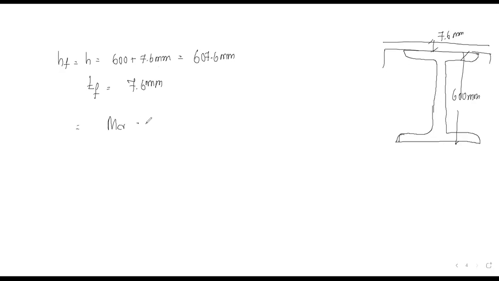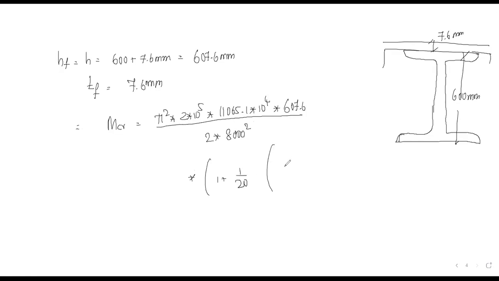Therefore MCR becomes pi squared into 2 into 10 to the power 5 E into Iy, 11065.1 into 10 to the power 4, into total height 607.6, divided by 2 into LLT squared, so 8000 square, multiplied with 1 plus 1 by 20 into LLT divided by ry 71.57, divided by hf 607.6, divided by tf, that is the total flange thickness.